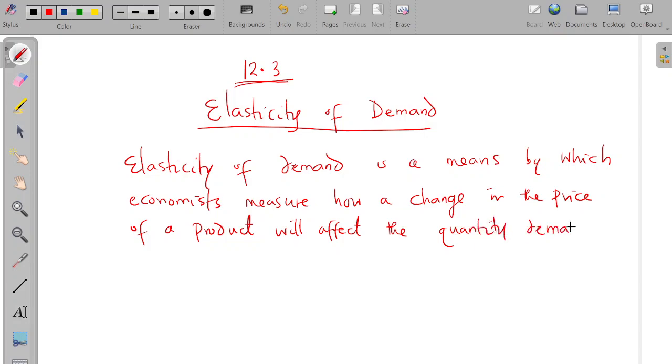Okay, how a change in the price of a product will affect the quantity demanded.